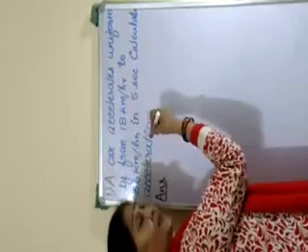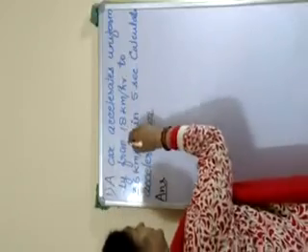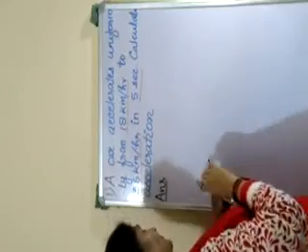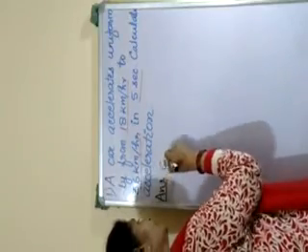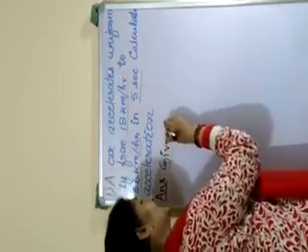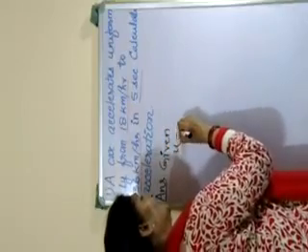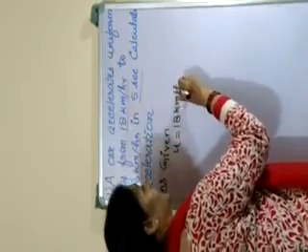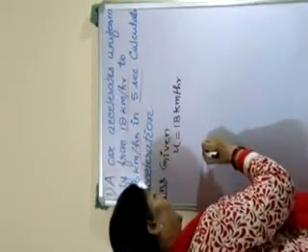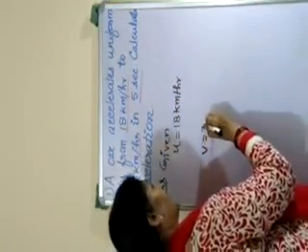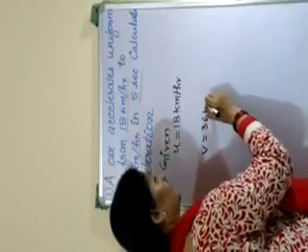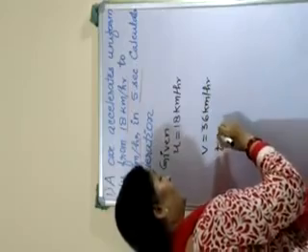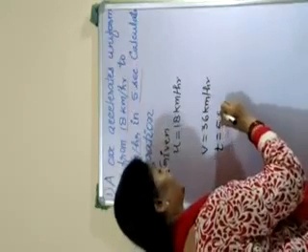We will write it. Given: u is equal to 18 km per hour and v is 36 km per hour and time given is 5 seconds.